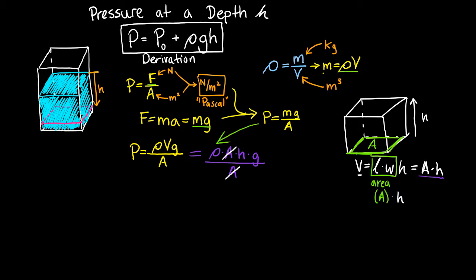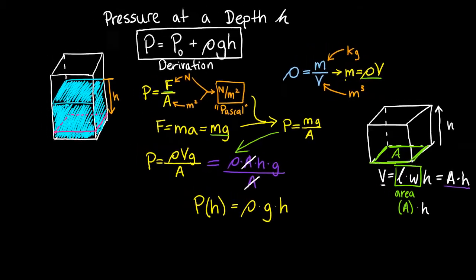That means that the pressure at a certain depth, pressure as a function of depth below the surface, is equal to the density times acceleration of gravity times height. Of course, I can switch around rho, g, and h because they're all multiplied together.